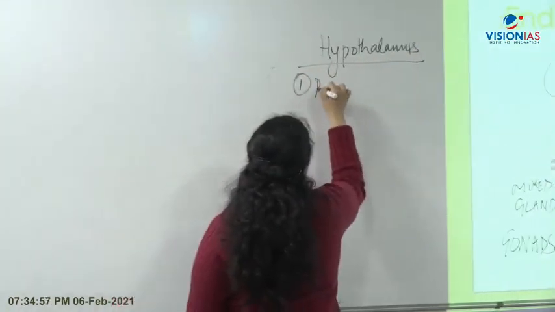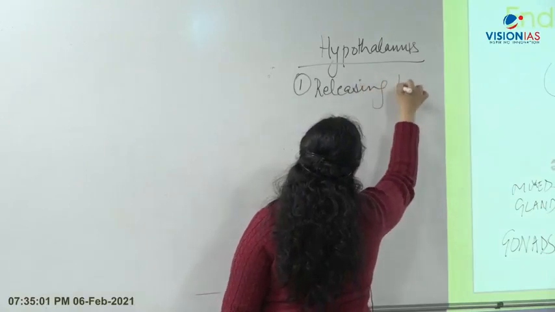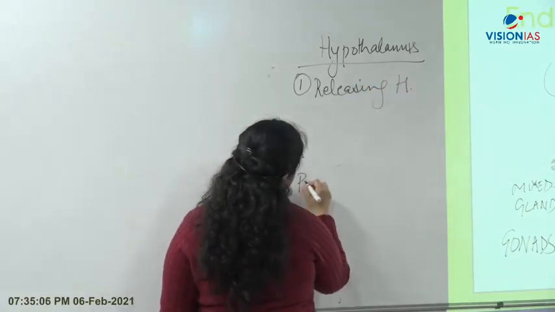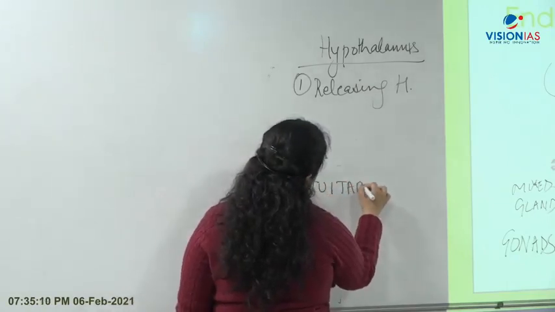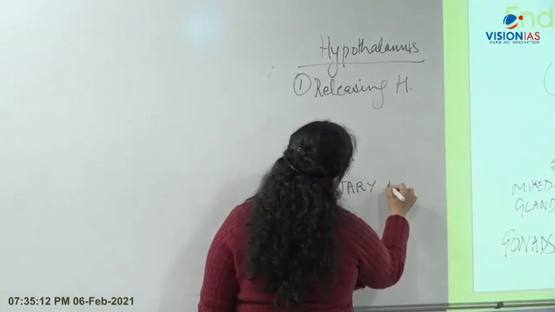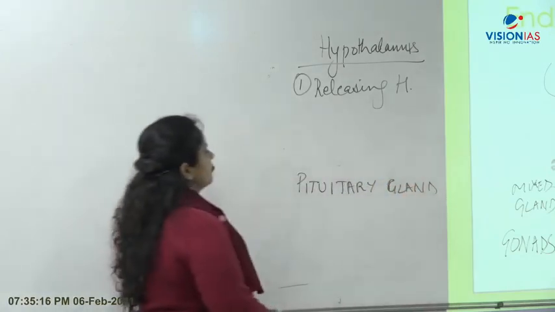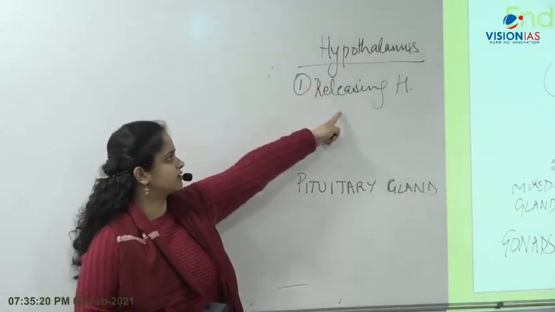First one, write down releasing hormone. First write down hypothalamus, then write down releasing hormone.